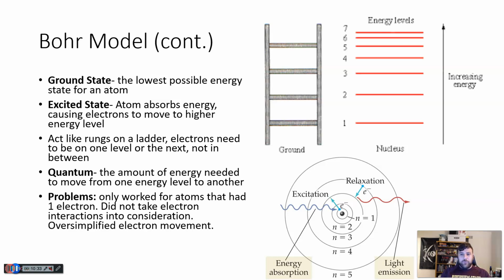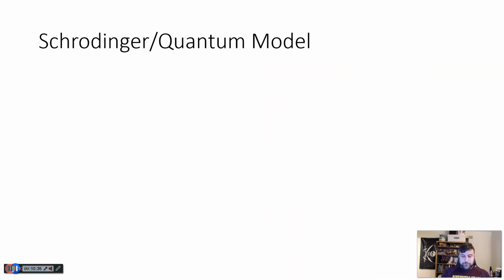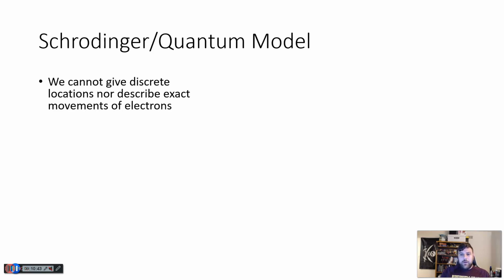Which brings us to the next model. The Schrödinger model, also known as the quantum model. This is our current model of the atom. One of the main ideas is that we cannot give a discrete location nor describe the exact movements of an electron. It's simply too unknown to us.